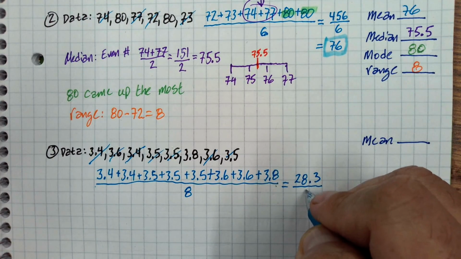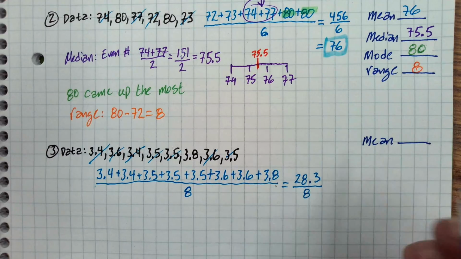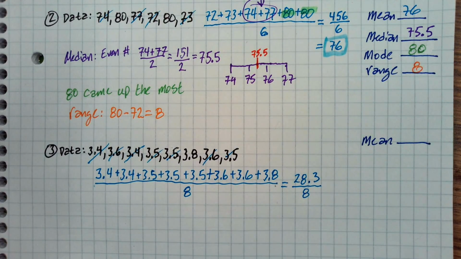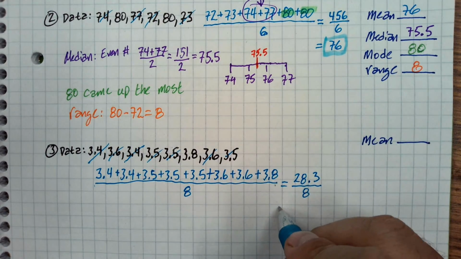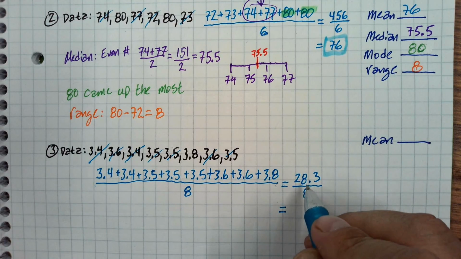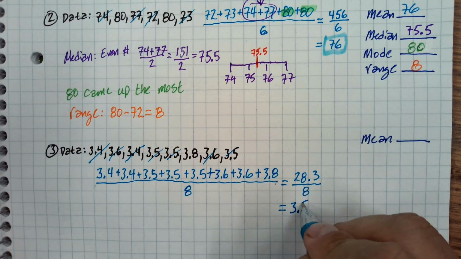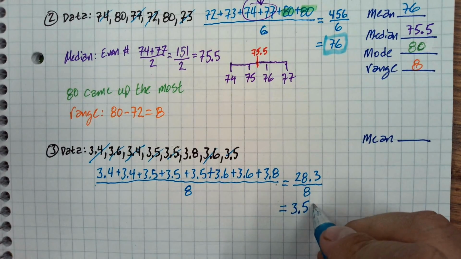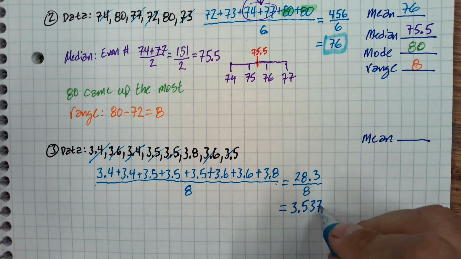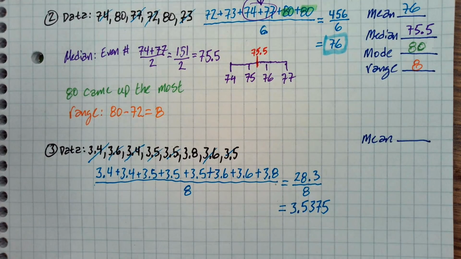And we'll divide that by 8. 28.3 divided by 8, we get 3.5375. Doing the division, we get 3.5375.